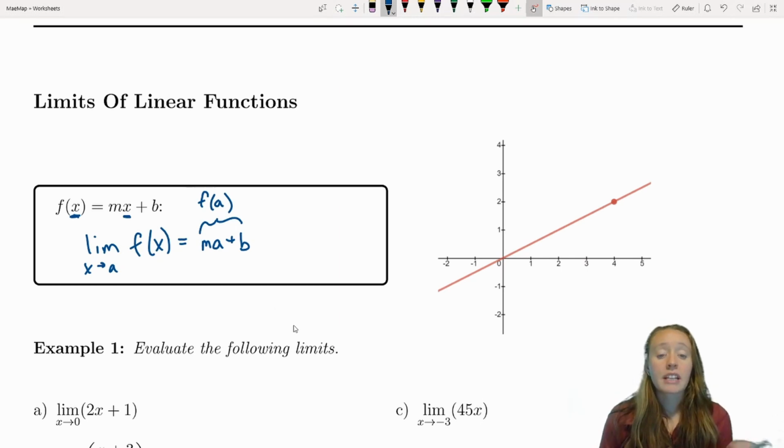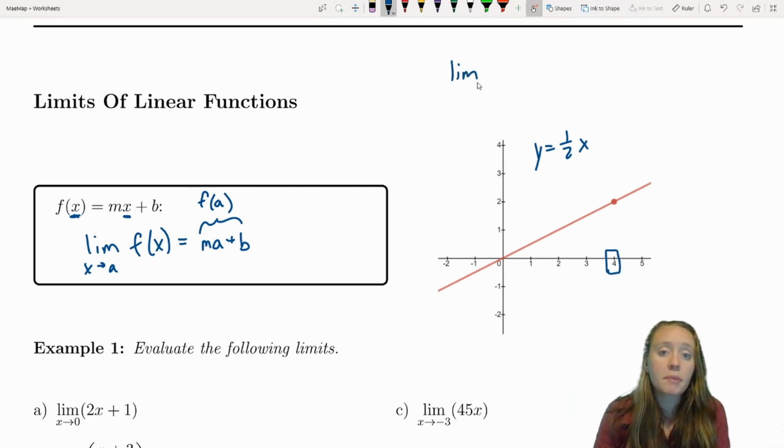So quickly, looking at this graph on the right, I have some function, and I believe it's y equals 1/2 x that I have graphed. And if we're approaching 4 in the x, if I want to find the limit of f of x as x approaches 4, well then, I know my function is 1/2 x, so I'm looking at the limit as x approaches 4 of 1/2 x.